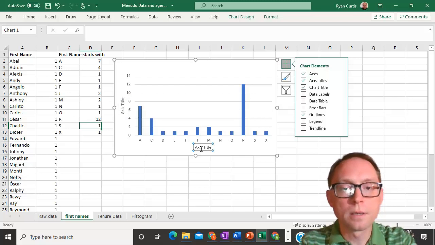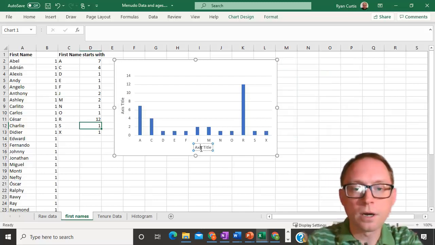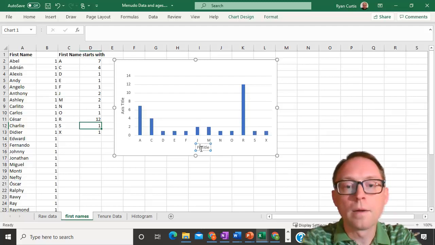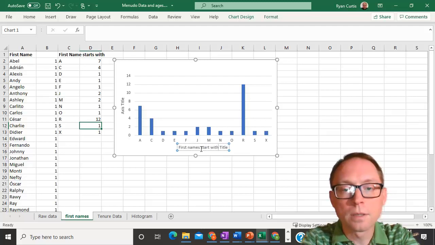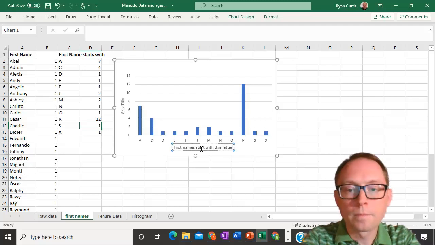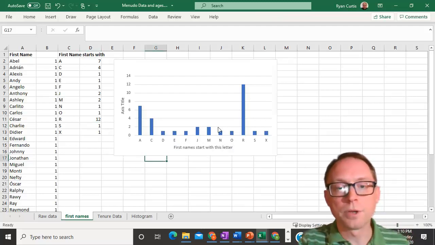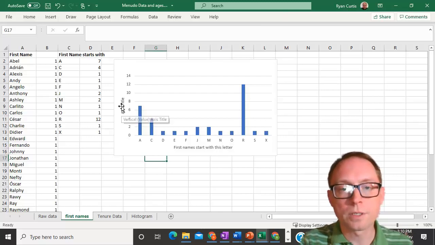Down here, these are the letters that first names start with. So this is the number of people whose first names start with this letter.